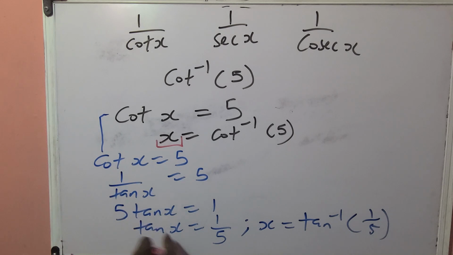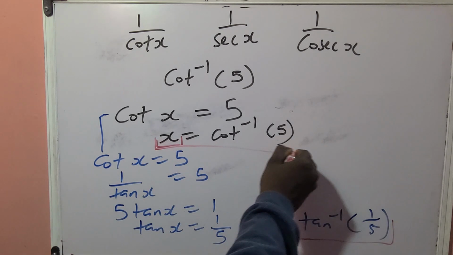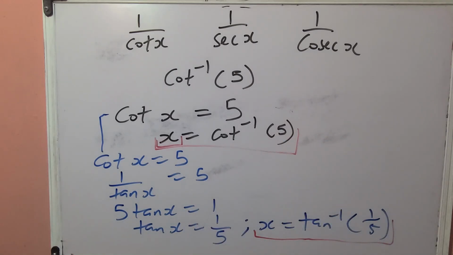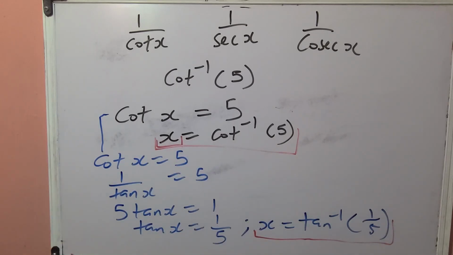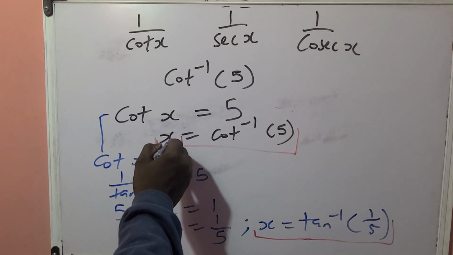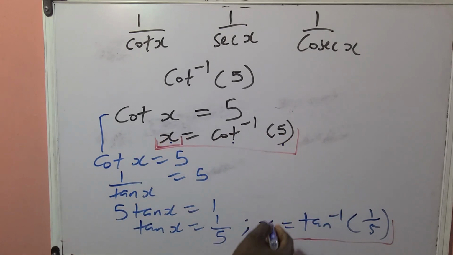That means from what we have been able to get here, instead of x being arc cot 5, we can go on to do x being arctan 1 over 5. So our x value here was arc cot 5, and the same x value is arctan 1 over 5.